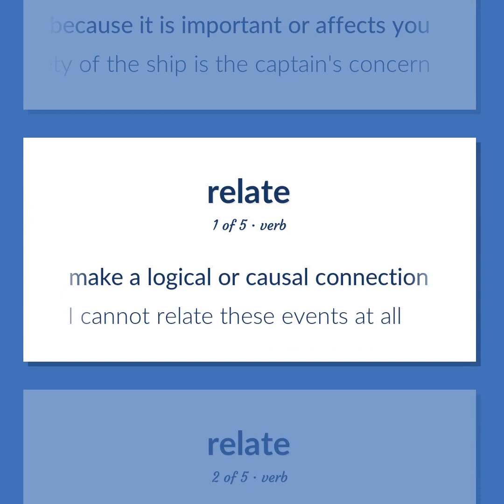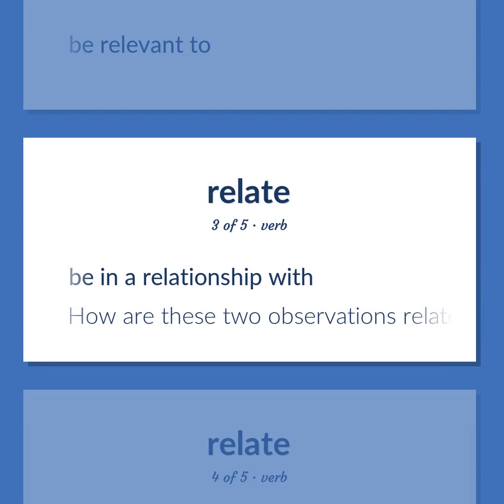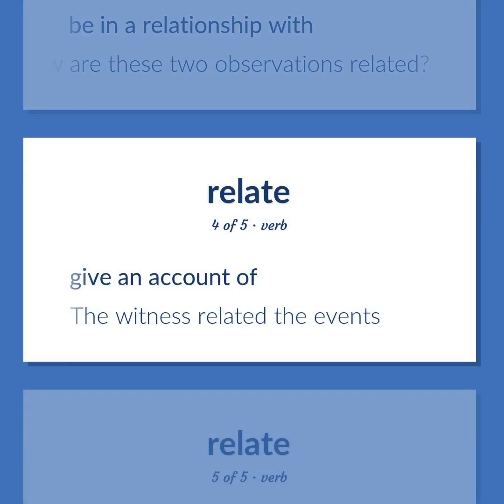Make a logical or causal connection. I cannot relate these events at all. Be relevant to. Be in a relationship with. How are these two observations related? Give an account of. The witness related the events.